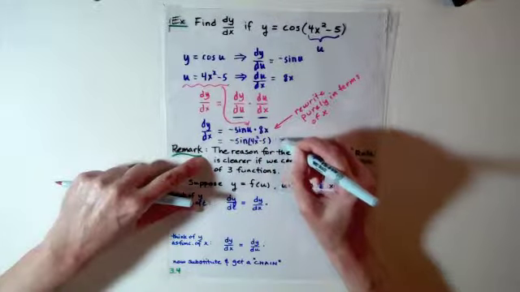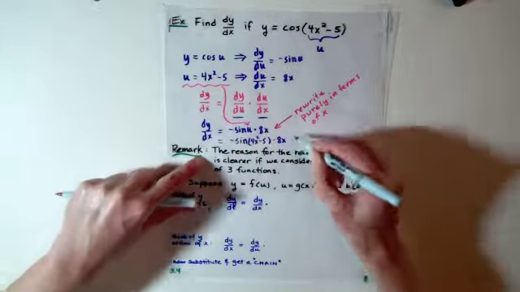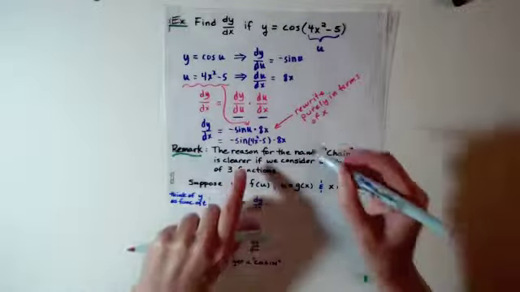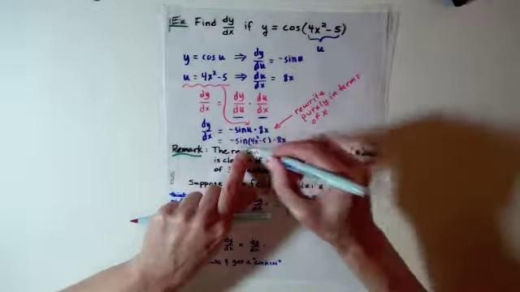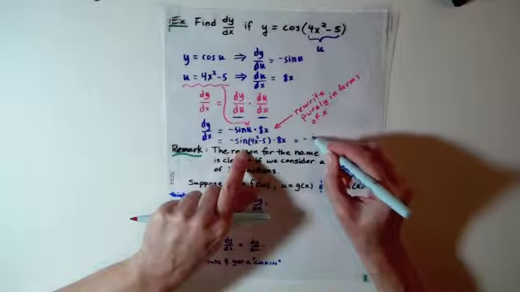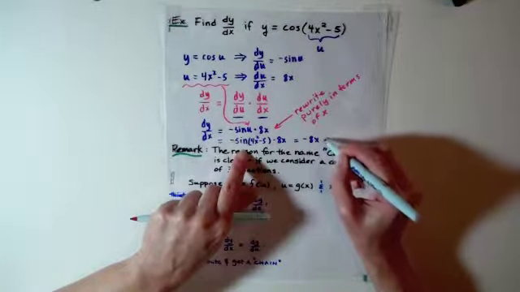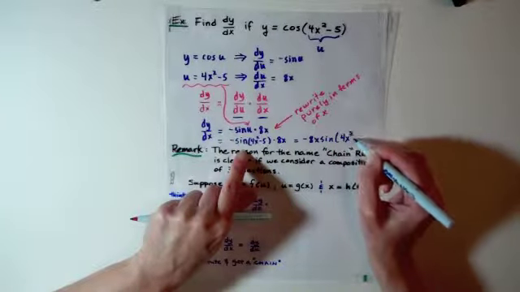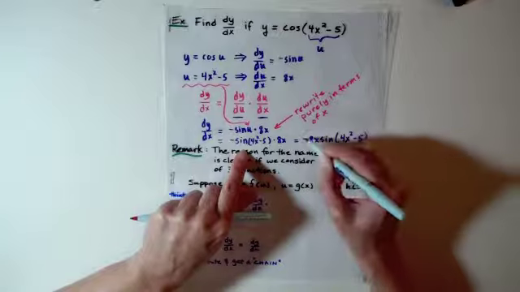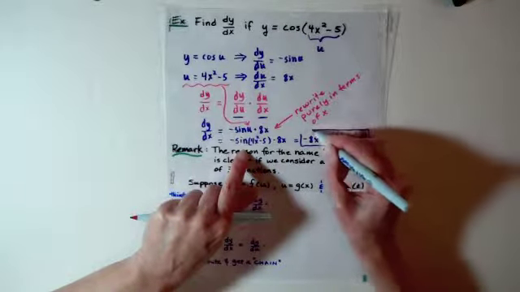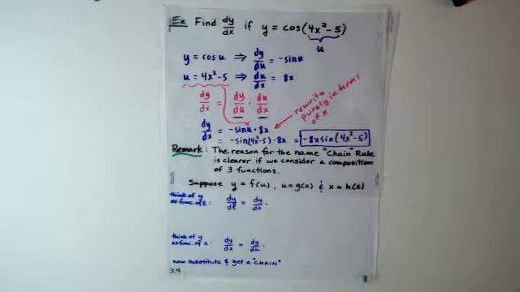And then I have a times 8x, and that factor was already in terms of x, so that one was okay. The only thing I would do at the end here is probably to put this shorter factor in front. So 8x times a negative would give me a negative 8x sine of 4x squared minus 5. And that's how I'd write my final answer.